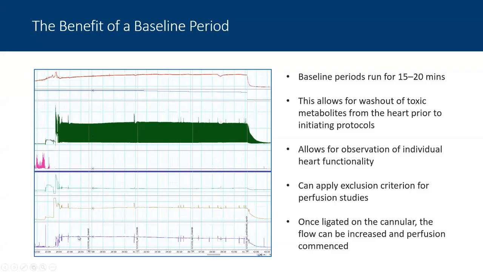And down here we have our rate pressure product, which is a calculation based on our left ventricular developed pressure and the heart rate as well. And you can see here that we've only had a few little arrhythmias, which is fine. This heart would definitely be included in our study.